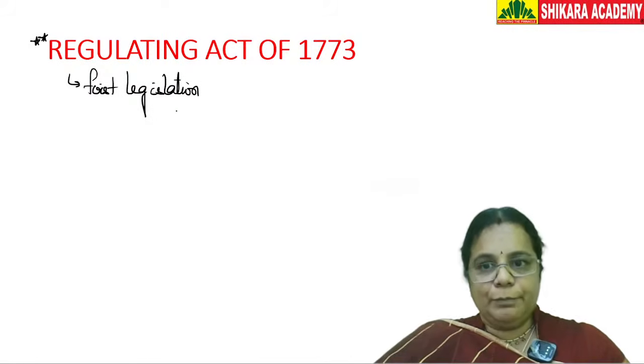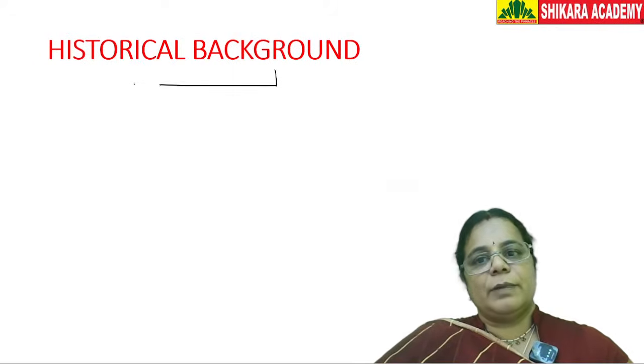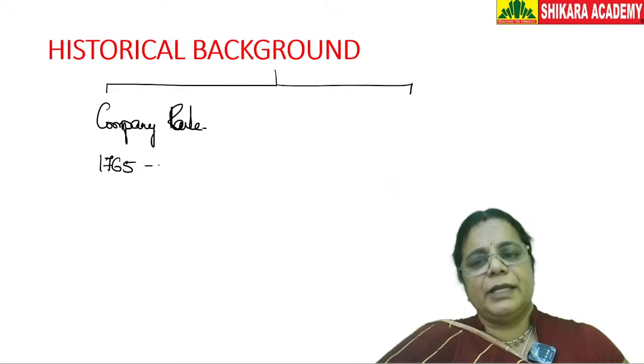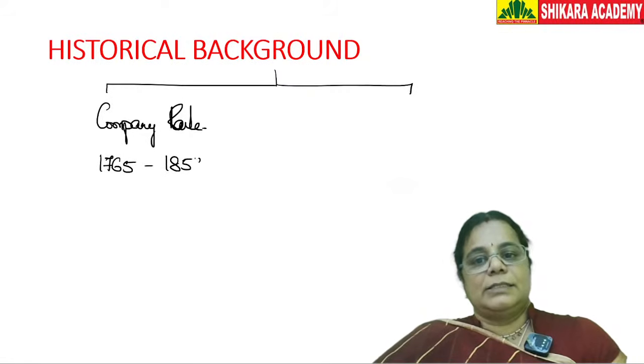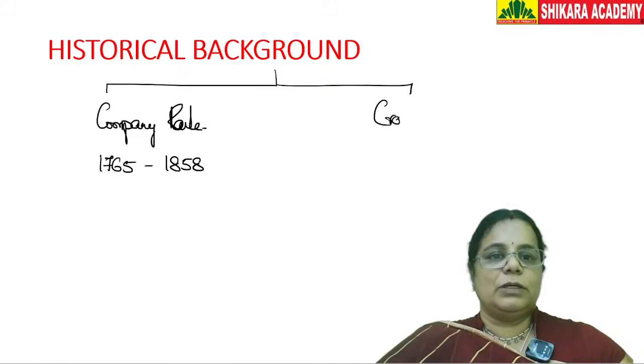So it is a very important law. There are three major things that we have to know about this. But before that, please remember, in historical background, we talk about two phases. That is the company rule, the laws enacted by the British Parliament when the East India Company was ruling India. This phase roughly starts in 1765 and ends in 1858, and then we talk about the crown rule.